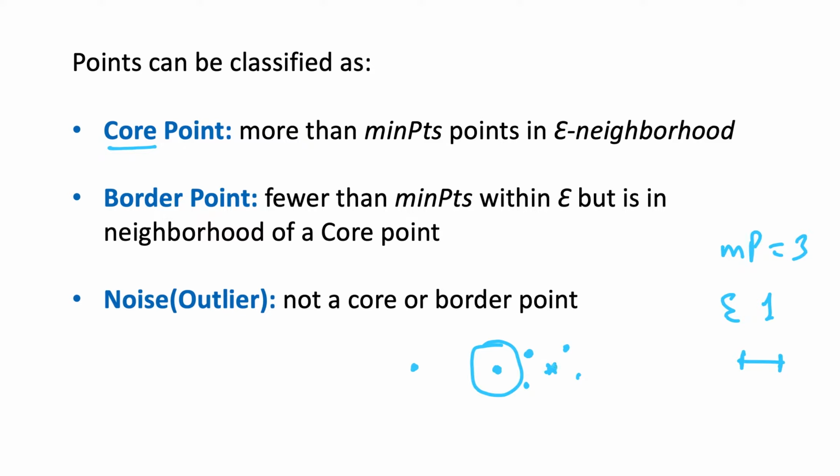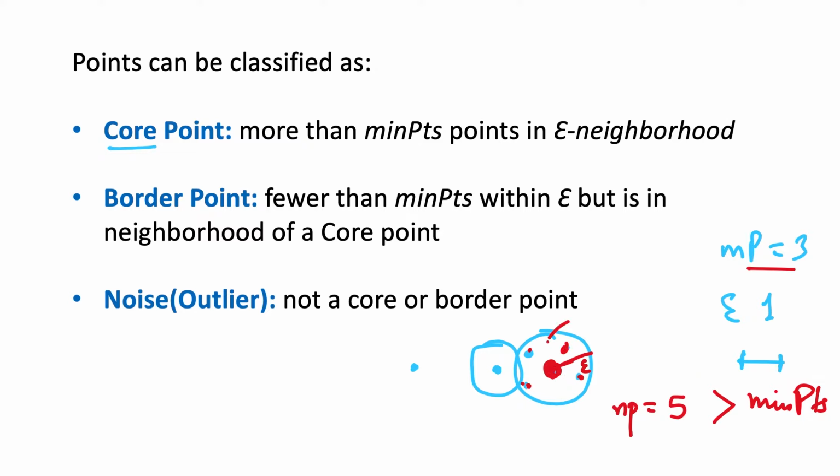If we take this point and draw the circle, let's assume this distance is 1, or epsilon. Then we see that it has 1, 2, 3, 4 points, and this point itself. So here the number of points is 5, which is more than min points. In our case, min points was 3. So this point will be a core point.